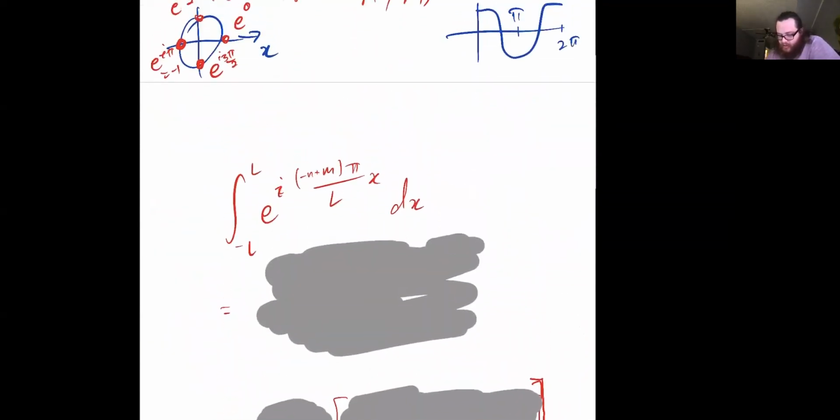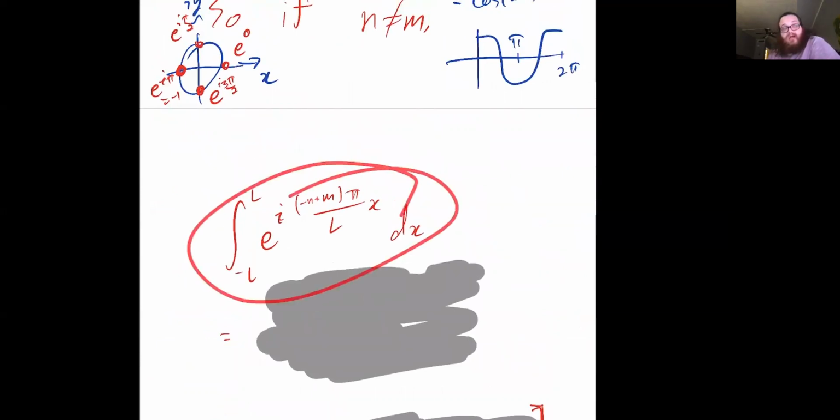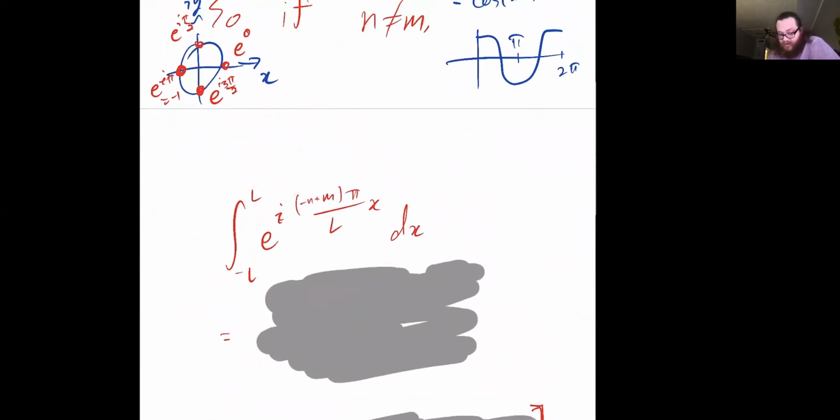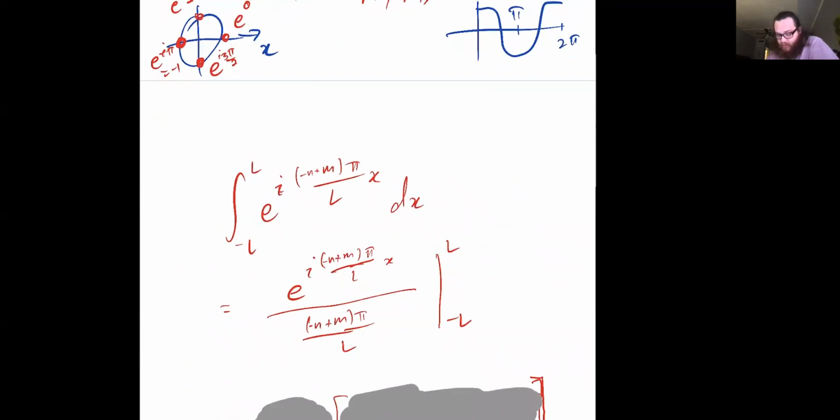Okay, so let's go back to the integral. So this thing right here, well, this is e to a constant times x, so we can integrate it. What do we get? Exactly this thing, which I believe was written before.